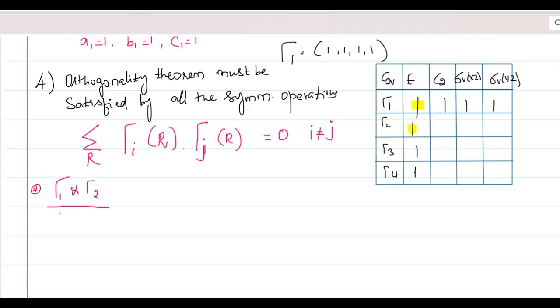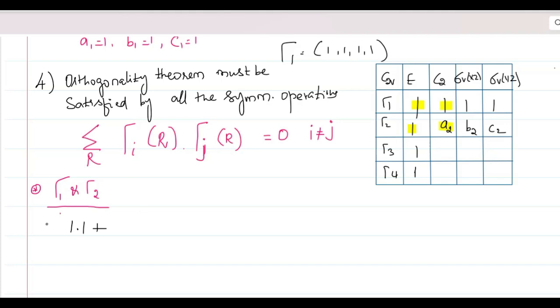So it will be 1 dot 1 plus the other symmetry operations whose characters we have to take into account. Here it is A2, B2, C2. So next we take the product of the characters of the next symmetry operations of the two different irreducible representations.